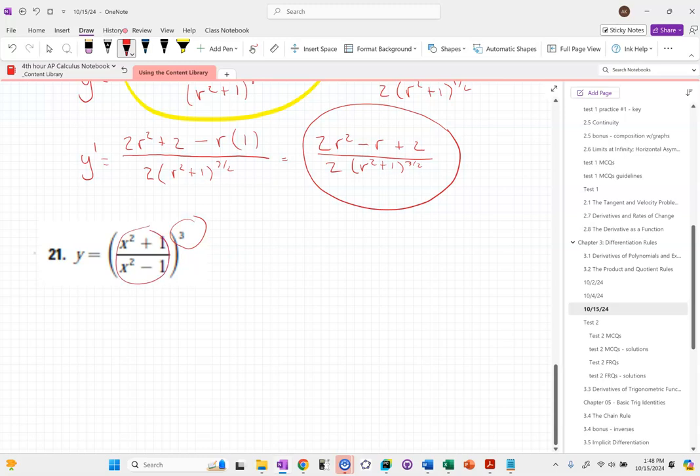You guys kind of see that? So if I do my chain rule, I'm going to have the derivative of the outside. That look okay? The guts, the inside, stays the same, and then I have times the derivative of the inner.